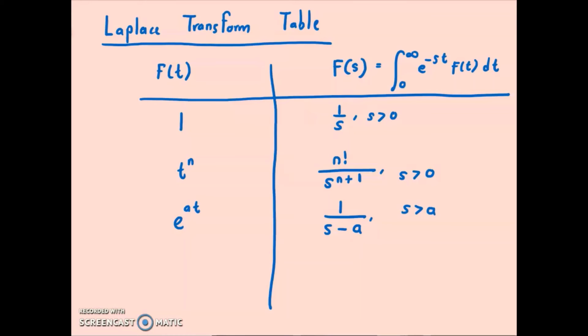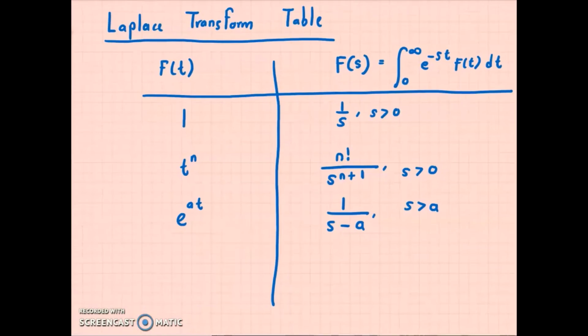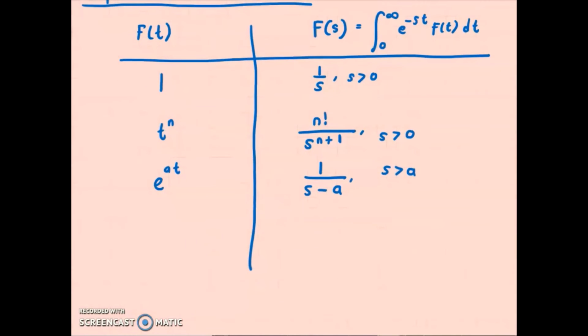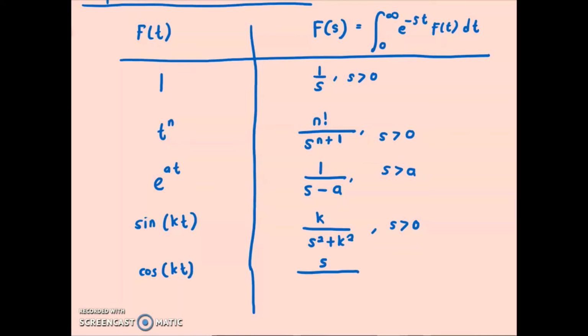And then we have the Laplace of cos and sine. The Laplace of sine kt is given by k over s squared plus k squared, for s greater than 0. The Laplace of cos kt is given by s over s squared plus k squared, for s greater than 0.